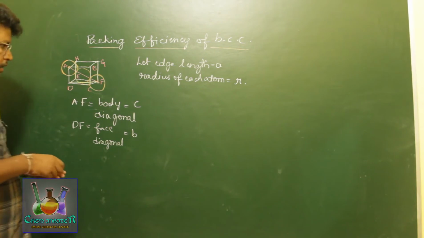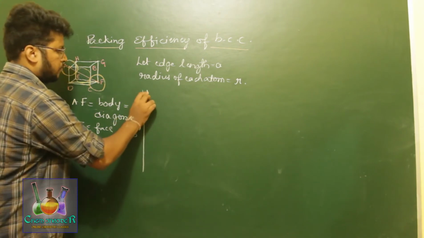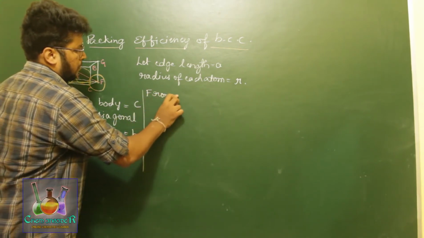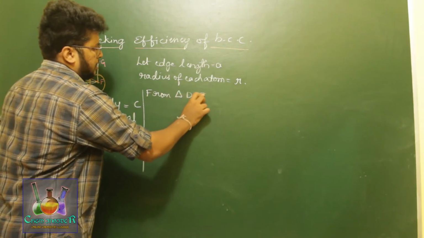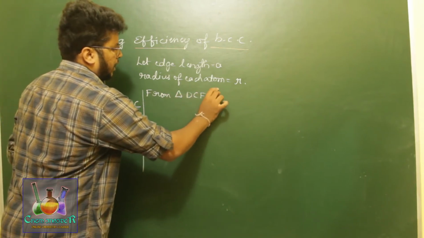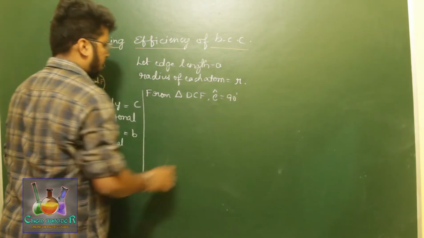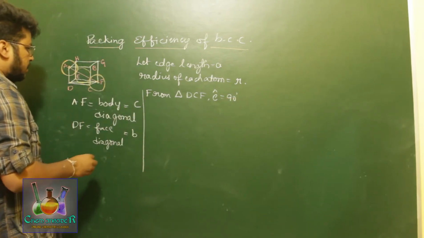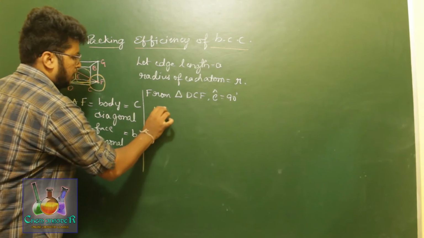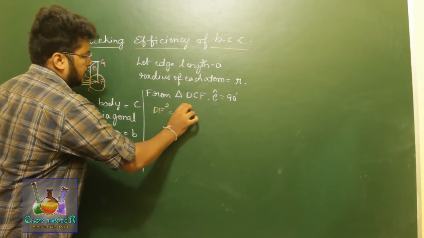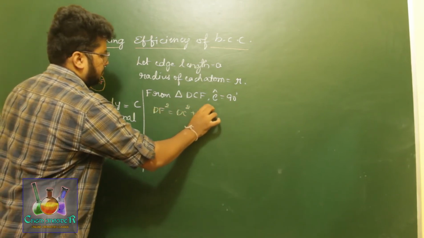From the triangle DCF, we know that angle C is 90 degrees. Therefore, by the Pythagoras theorem, we get DF square is equal to DC square plus CF square.